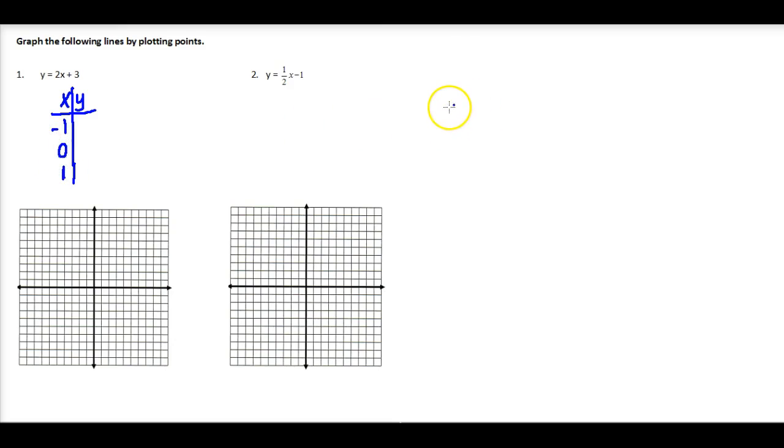Okay. So here, when x is -1, of course, for y, for number 1, we have 2 times -1 plus 3. And so 2 times -1 is -2. Add that to 3 and we get +1.